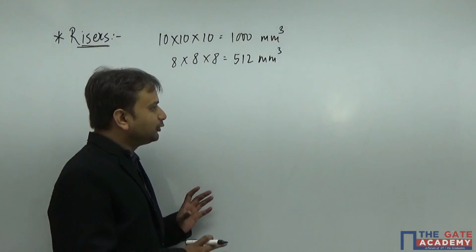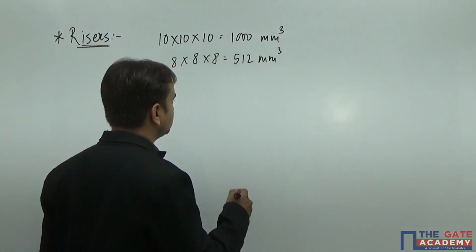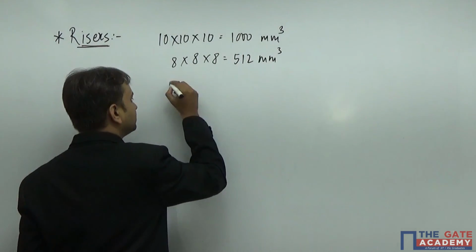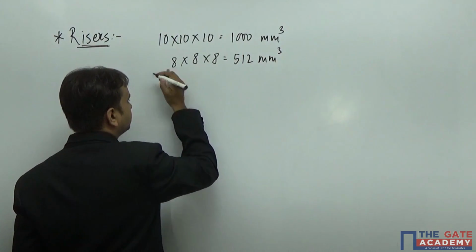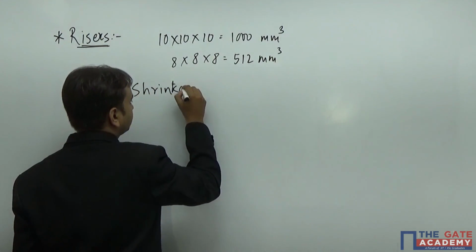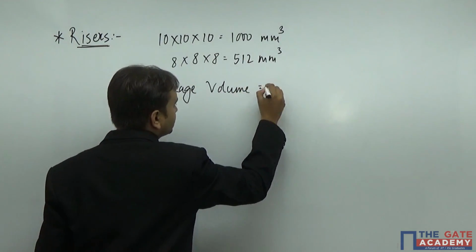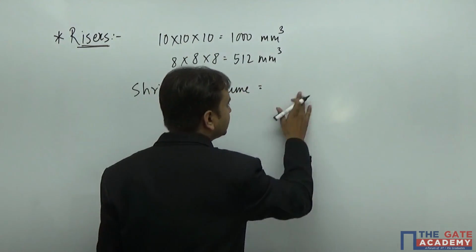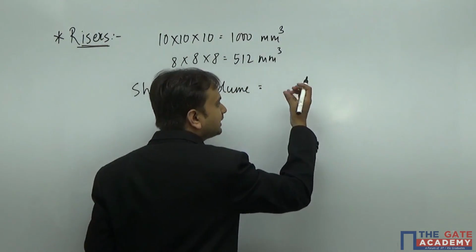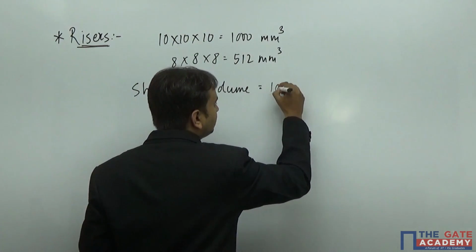Now what is the total reduction in the volume? That we call shrinkage volume. Shrinkage volume is the volume by which it got contracted and because of which we lost the dimension.